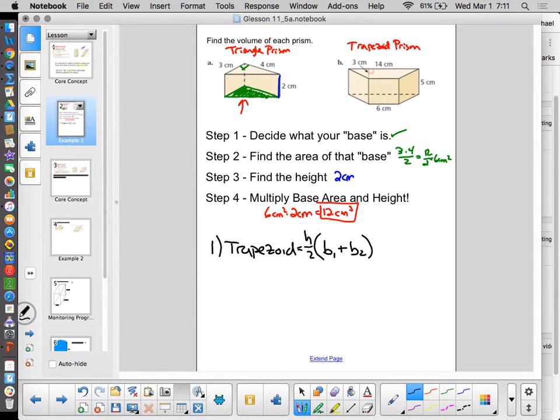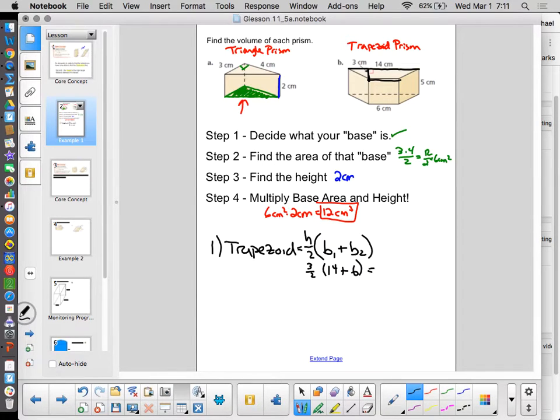That's the formula for area of a trapezoid. So in the trapezoid here, this is base 1, the long one is 14. This one is 6, so that's 14 plus 6. The height of the trapezoid, not the height of the prism, is 3 centimeters.